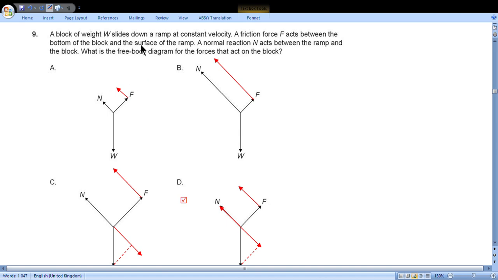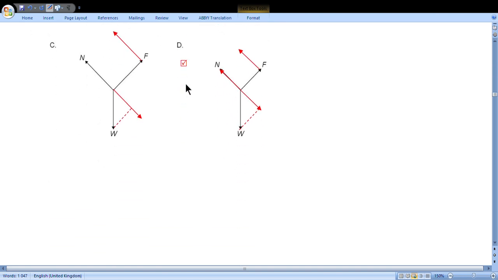So because object moves at constant velocity, resultant force equals 0, forces are balanced. So in A, if we add force F and N, it should balance W, but it doesn't. So A and B are not the cases. What about C and D?